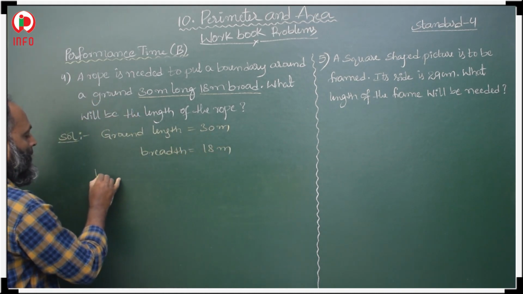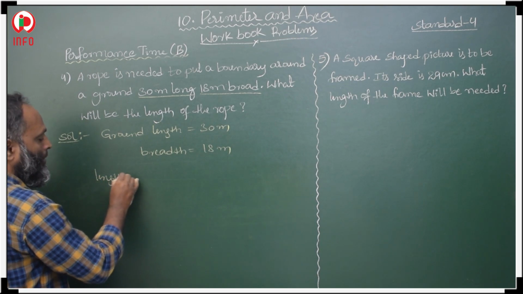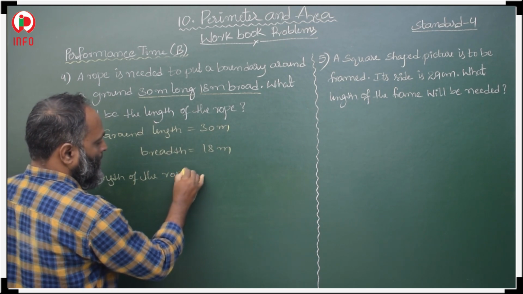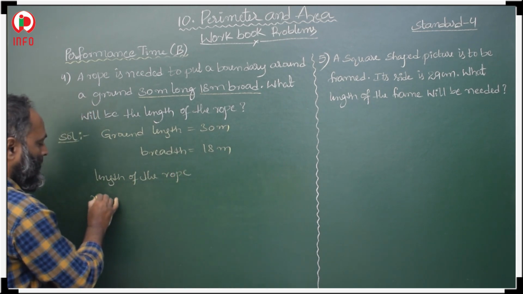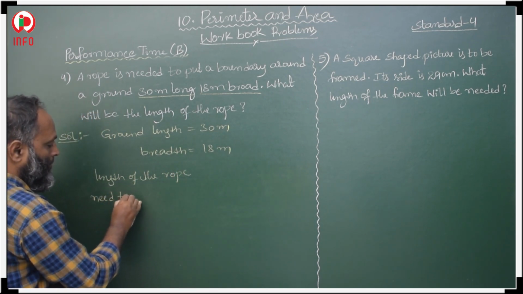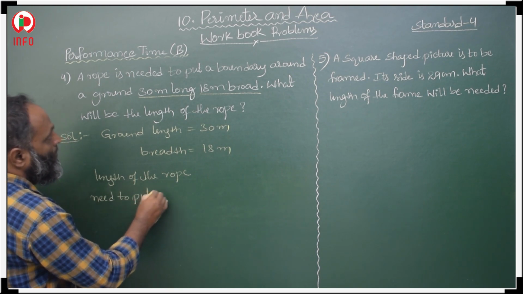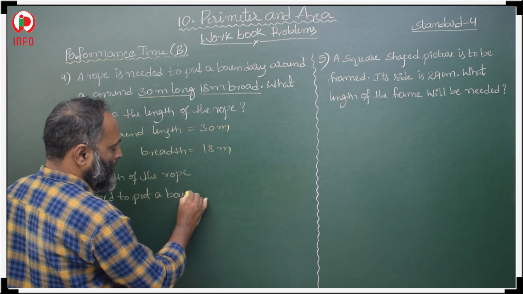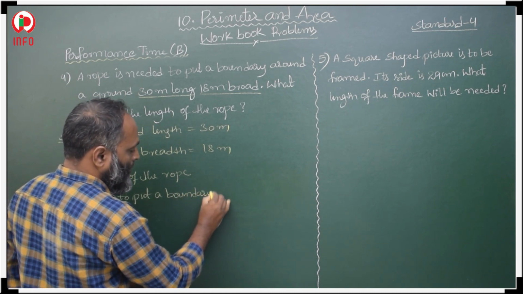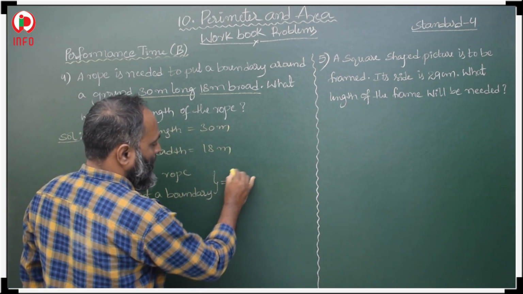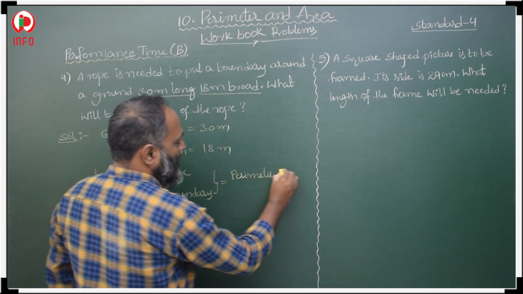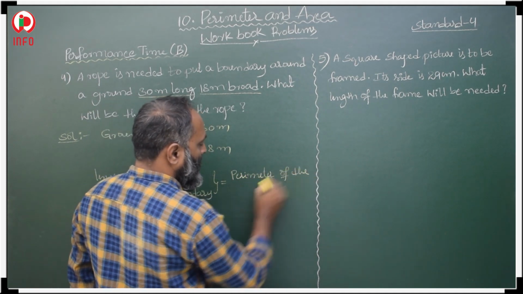Next, the length of the rope needed to put a boundary is equal to the perimeter of the ground.